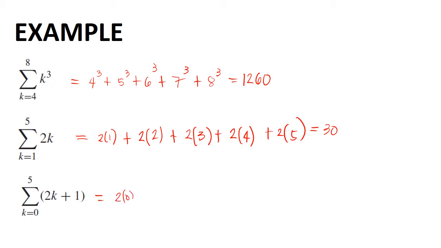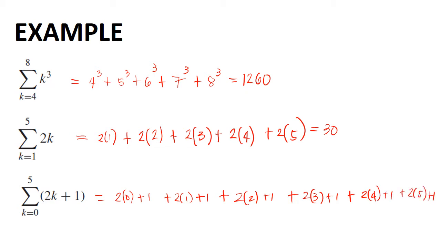So, 2 times 0 plus 1 plus 2 times 1 plus 1 plus 2 times 2 plus 1 plus 2 times 3 plus 1 plus 2 times 4 plus 1 at 2 times 5 plus 1. That is equal to 36.